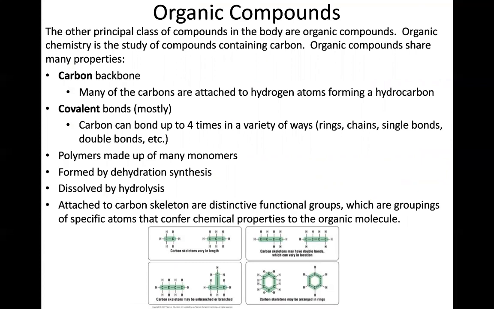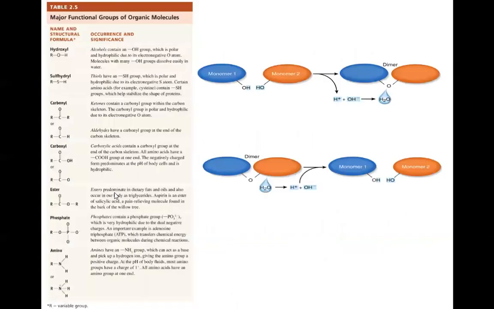Now, aside from just having carbon and hydrogen, what helps make each of these organic compounds unique are what we call functional groups, which are special groupings of specific atoms that confer chemical properties to the organic molecule. Table 2.5 in your textbook lists some of the most important major functional groups in our organic molecules.